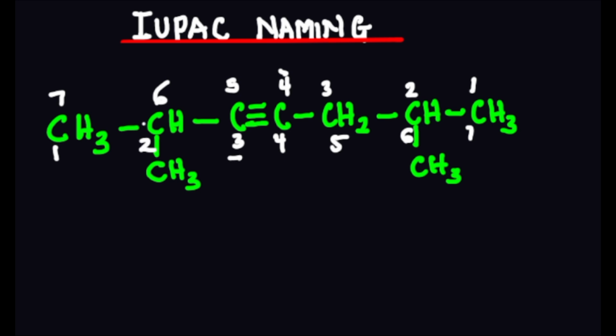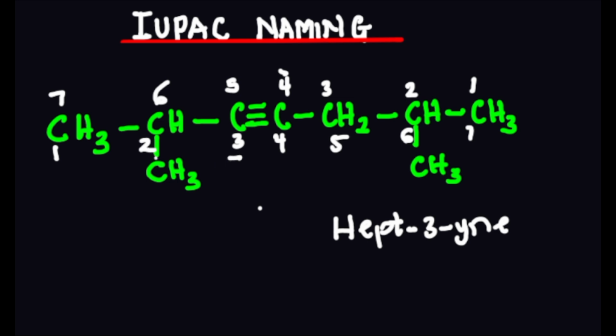Since I'm having 7 carbon atoms, 7 carbon atoms is basically hept. Then I'm having the triple bond on position 3, 3 yne. That's what I'm going to have.